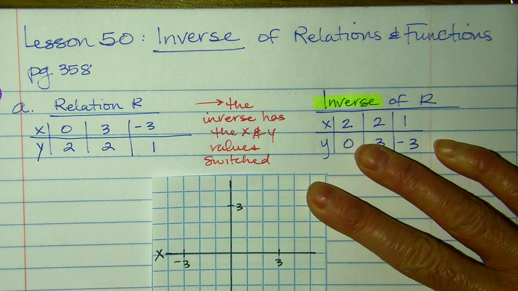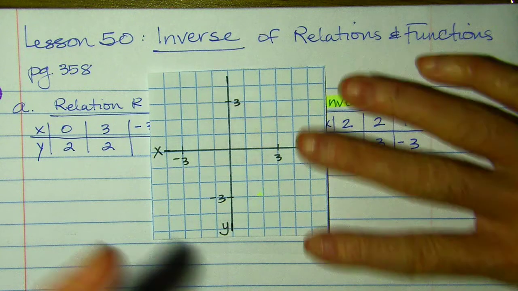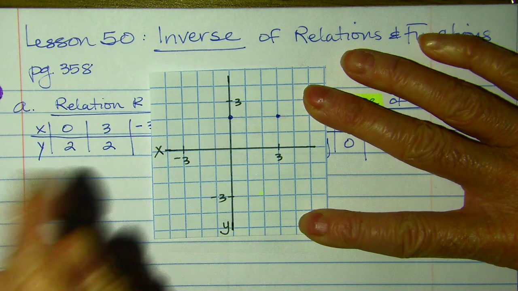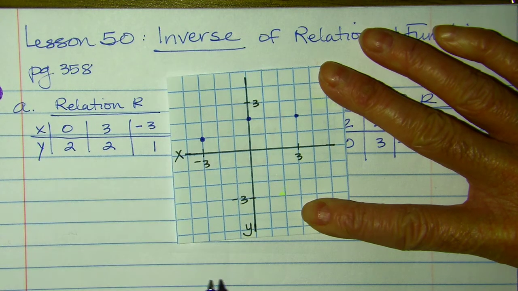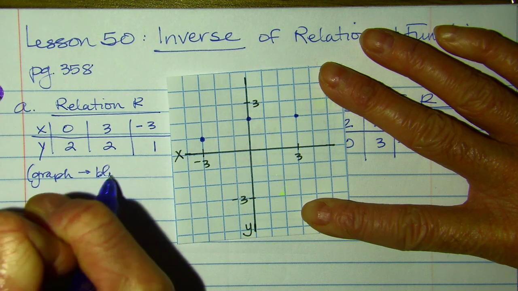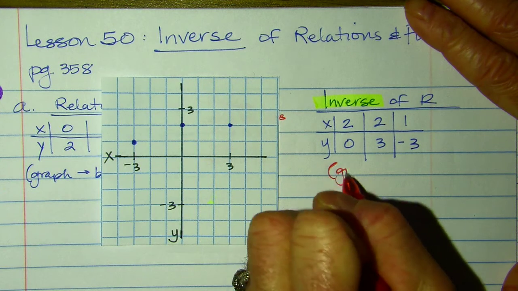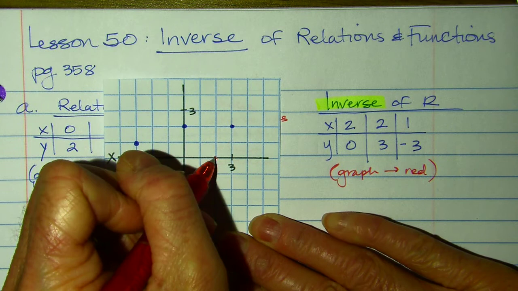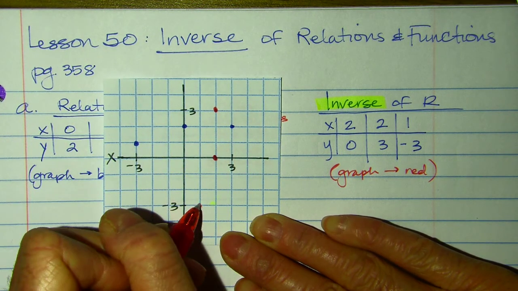This is X. This is Y. All right, so I'm going to talk about relation R. I have 0, 2, 3, 2, and negative 3, 1. I put this in blue. All right, for the inverse, I have 2, 0, 2, 3, and 1, negative 3.